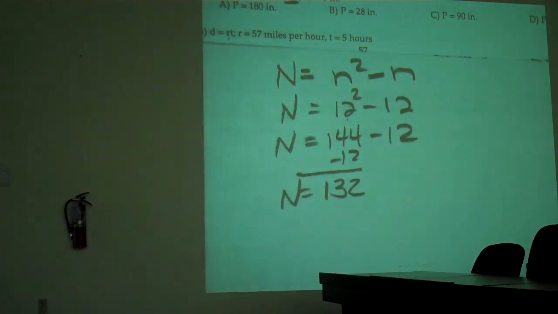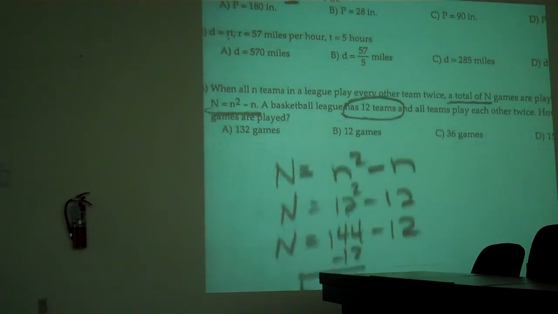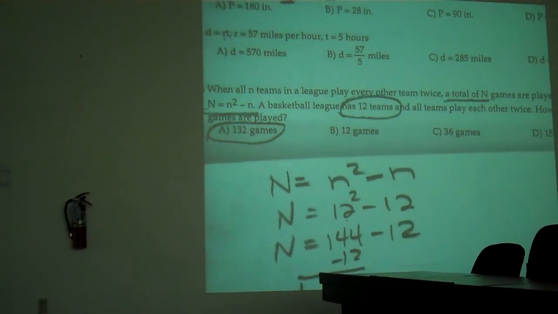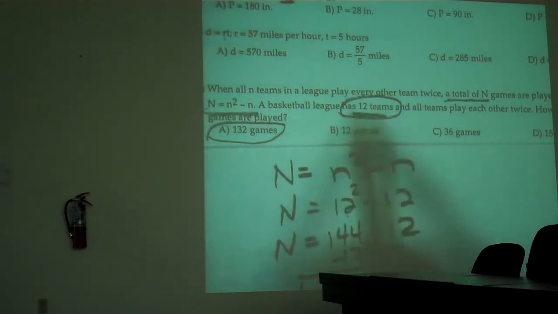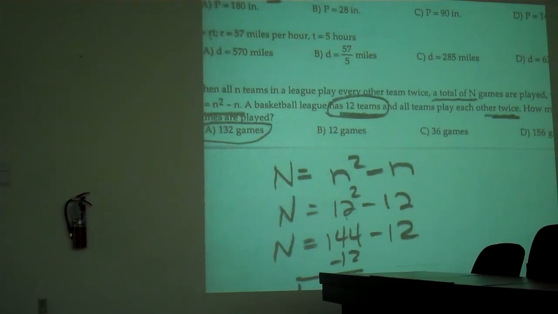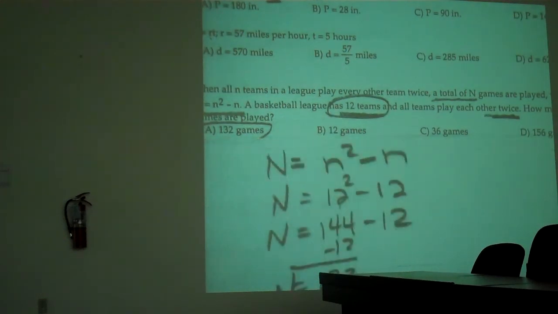So they would be playing 132 games. That would be, if there were 12 teams and they all played each other twice, then they would be playing 132 games.